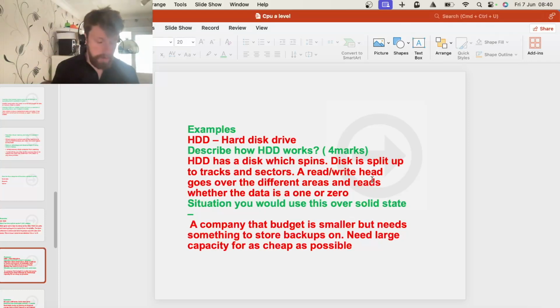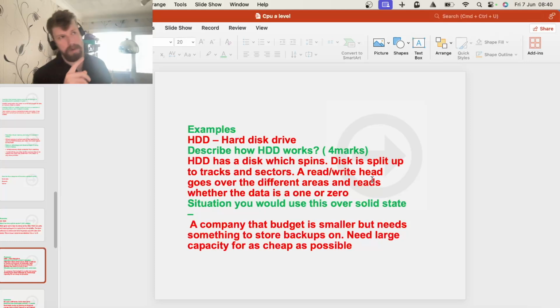If they give you a situation where they're asking for your recommendation of whether you would use this, I have seen this one situation where generally you use solid state in every situation, which we're going to talk about. But say there was a budget constraint, and a company that maybe didn't have as much money was trying to do something like backups in the evening, where speed isn't absolutely essential.